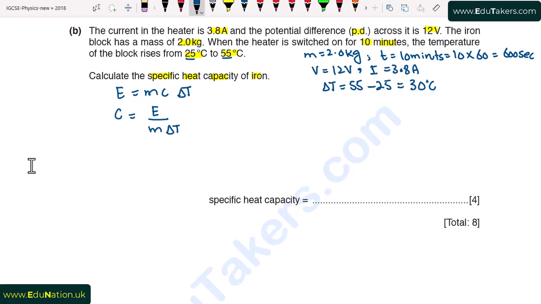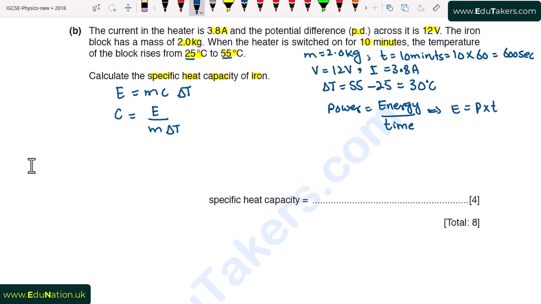For the calculation of energy, we know that power is the rate of transfer of energy. Power is equal to energy over time. So here energy will be equal to power multiplied by time.